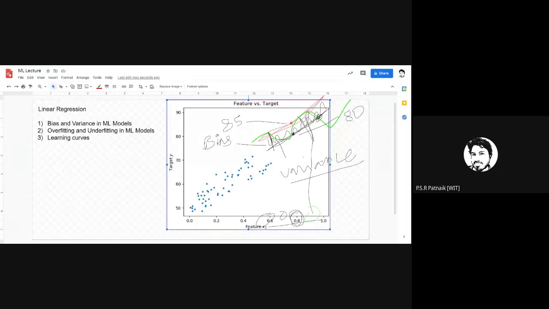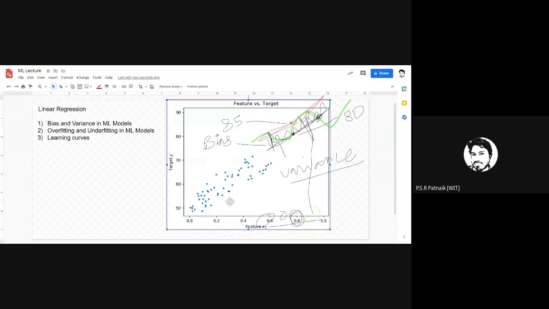Now, I'm asking something beyond what I thought. I'm just trying to ask a question based on which I can gauge your understanding. What is an ML model expected to have? High bias, high variance, low bias, low variance, or high bias and low variance, or high variance and low bias?